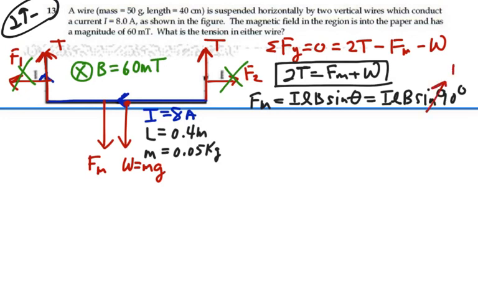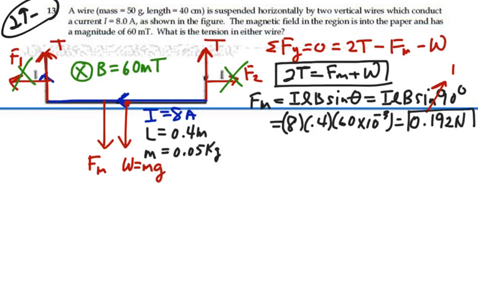So we have that equal to 8 amps times the length, which is 0.4 meters, times the magnetic field, which is 60 millitesla, and this is equal to 0.192 newtons. So that's the magnetic force.